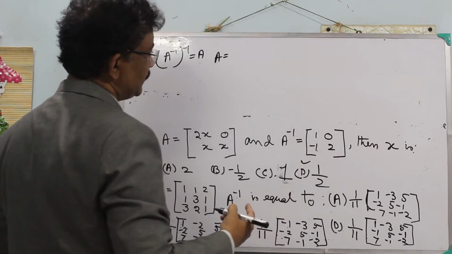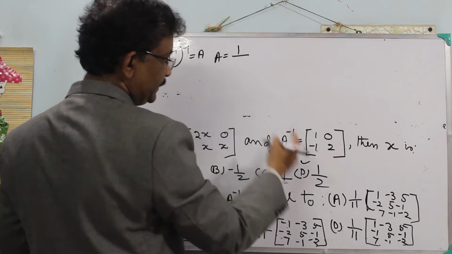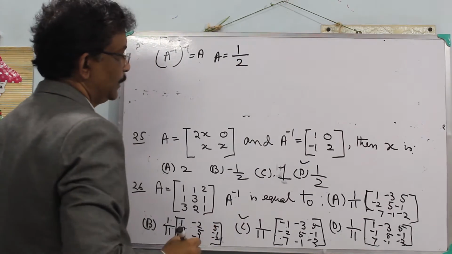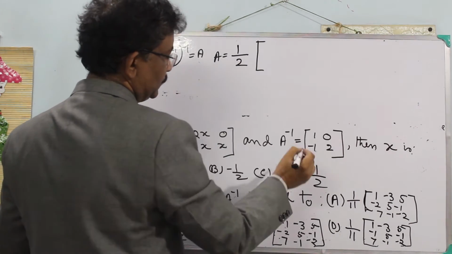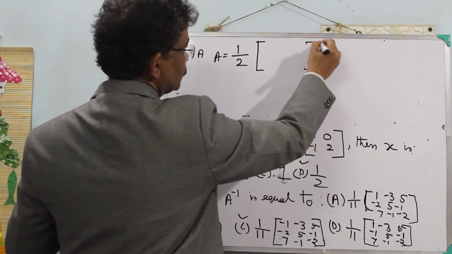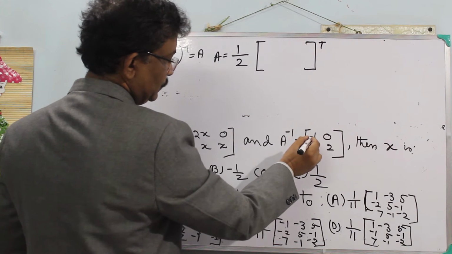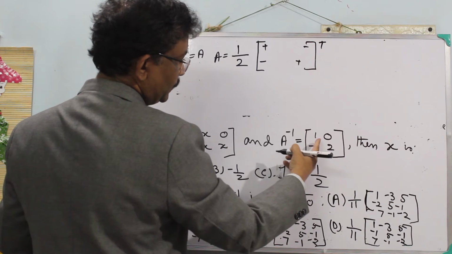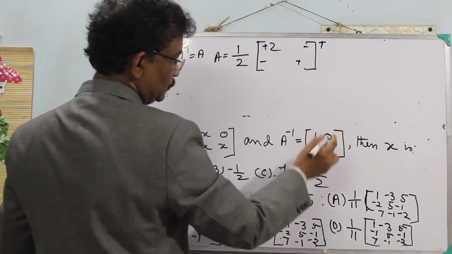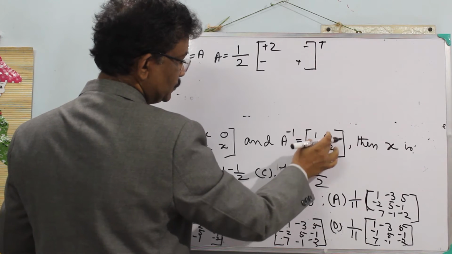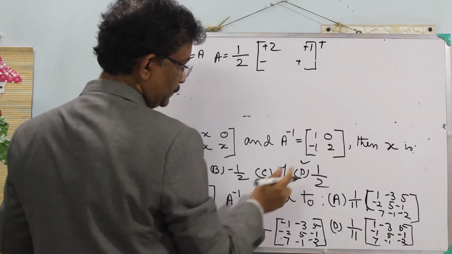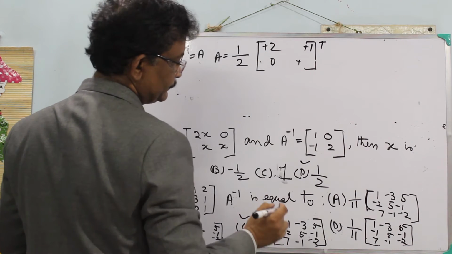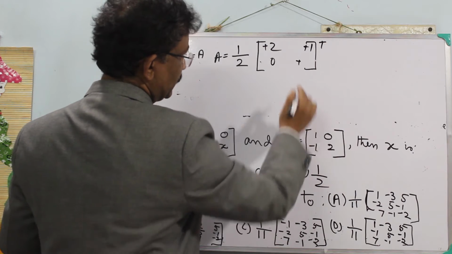For the inverse we have to calculate adjoint A, determinant 2 minus 0, so half, and the cofactors and their transpose, adjoint A. Cofactors plus minus plus. So for 1 2, for 0, minus 1 minus plus 1, for minus 1 0, that is 0, and for these two, 1.